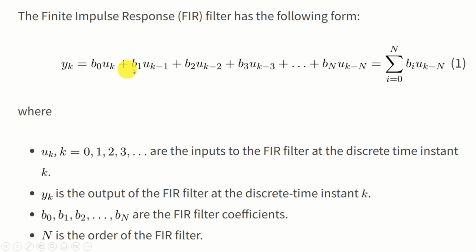Then b_0, b_1, b_2, b_3 until b_n are the FIR filter coefficients, and they are designed by the user. And finally, n is the order of the FIR filter.